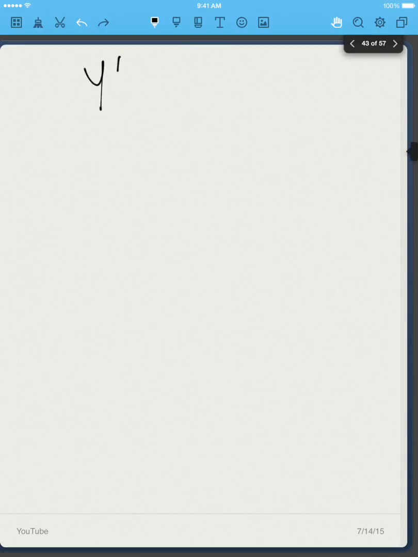If I look at y prime plus y equals 0, as we wrote there, the homogeneous part says that this is 0. We usually call this a source term.